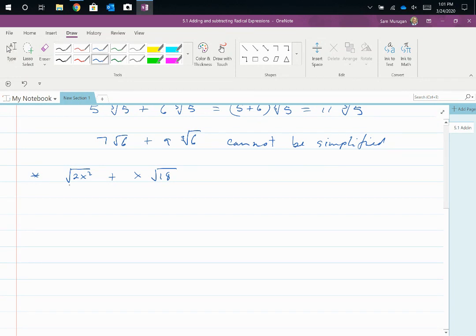And remember the process here: the square root of 2x squared is x square root 2, plus x square root 18.